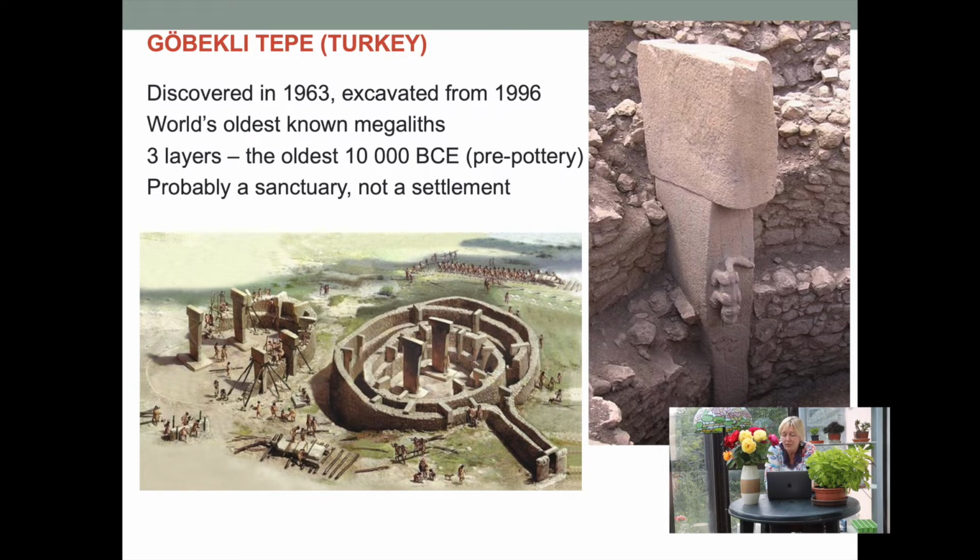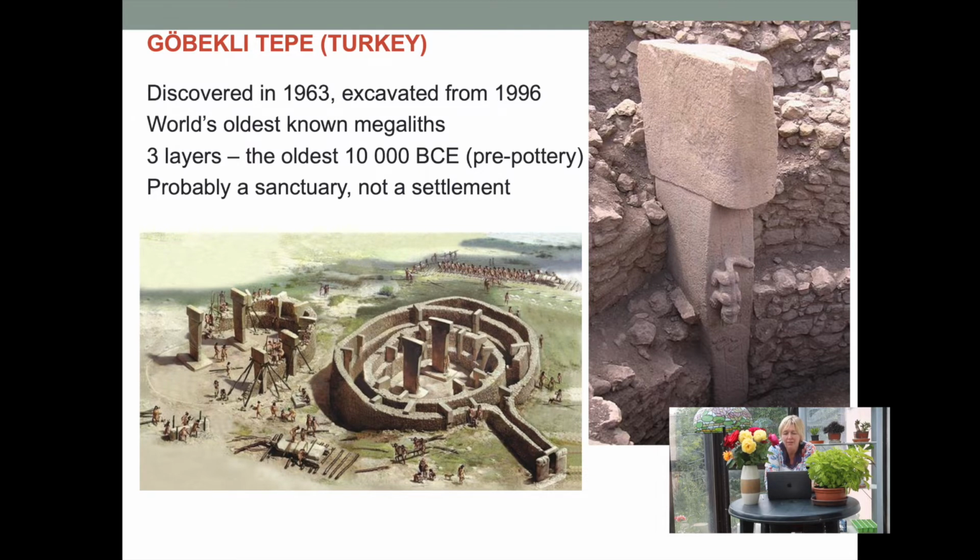The excavation and more rigorous study was conducted in the 90s. And so what they found is the world's oldest known megalith, so the stone culture, in 3 layers, with the oldest of them going beyond pottery.